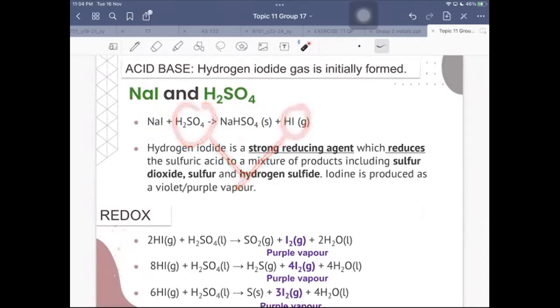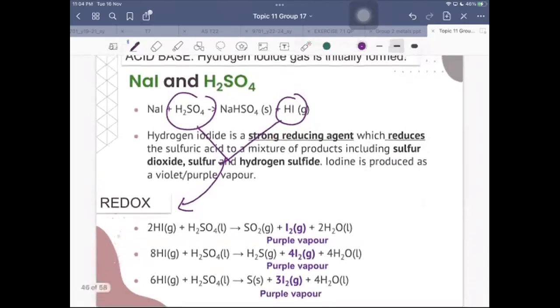You can see the reaction is even crazier. Hydrogen iodide will combine with sulfuric acid to form all these different things. There are three reactions showing you how reactive and powerful your hydrogen iodide is.